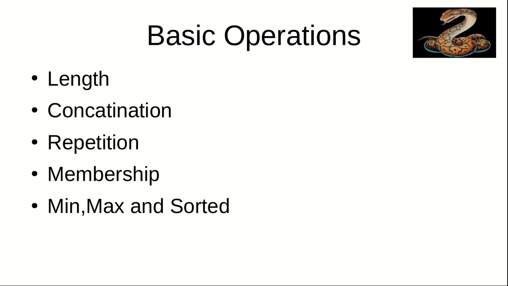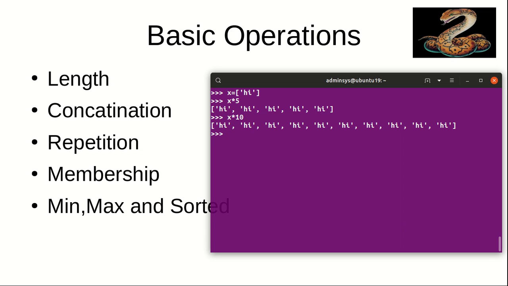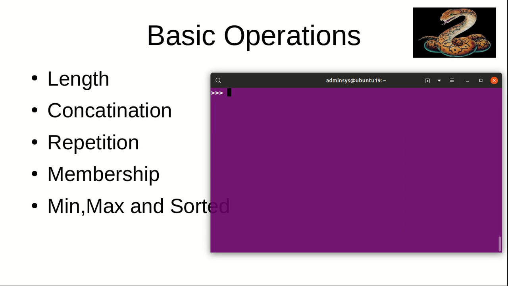And next we have the membership operation. I have discussed the membership operation in the operators tutorial, so I will revise that operator. The membership operation returns whether a particular element is present in a list or not. Suppose I create list x equal to 4 5 6 7 9.